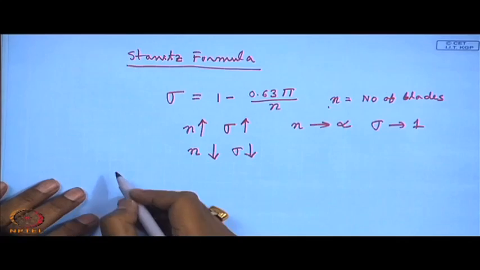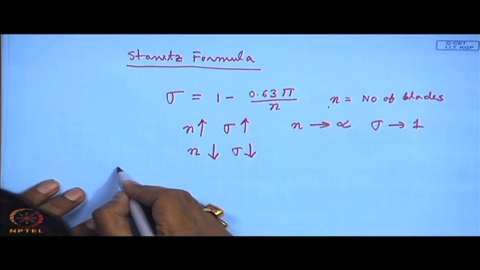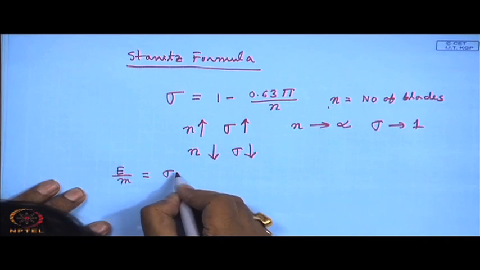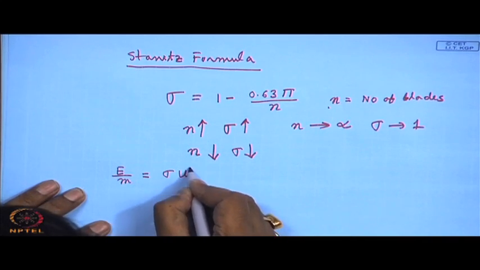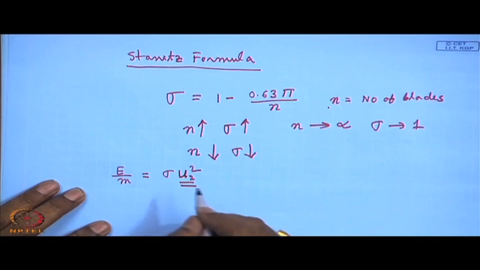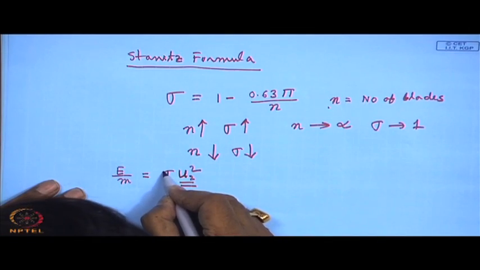So, due to the slip, the energy imparted per unit mass is given by sigma U2 square, where U2 is the outlet tangential velocity of the impeller blade, and sigma is the slip factor.